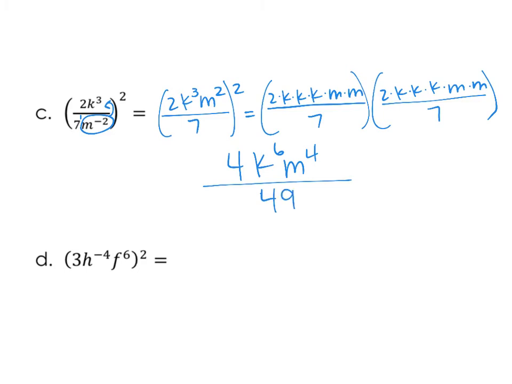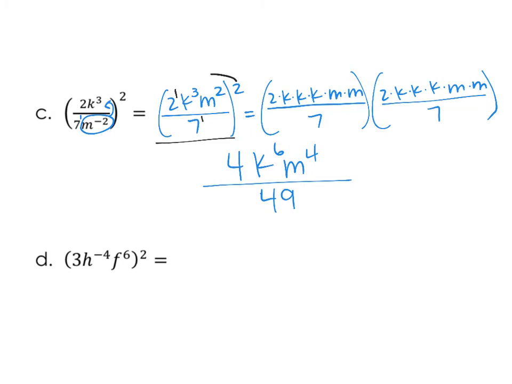Now, let's see if our rule worked. I'm going to use this part of my problem because I already fixed that negative exponent. So if I use my rule, we said that we multiply that exponent on the outside times all the exponents on the inside. So let's put those exponents of 1 in there that don't have exponents.